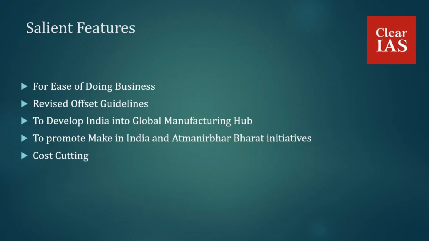The offset policy for defense deals was adopted in 2005 in India, and it states that for all defense capital imports above rupees 300 crore, the foreign vendor is required to invest at least 30% of the value of the contract in India. So that is the offset clause of India.